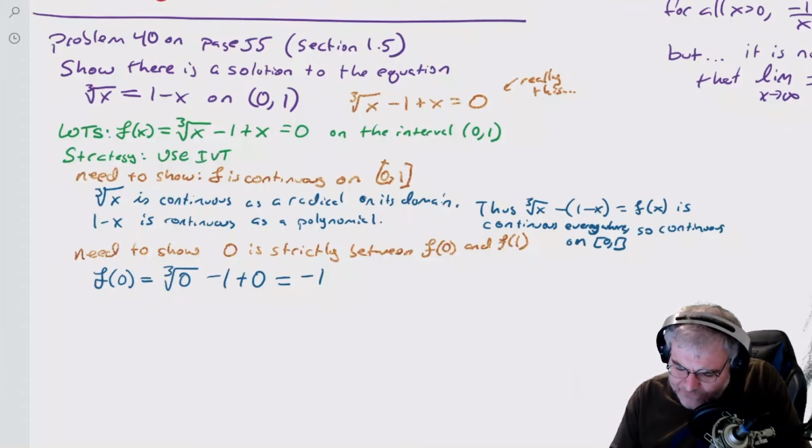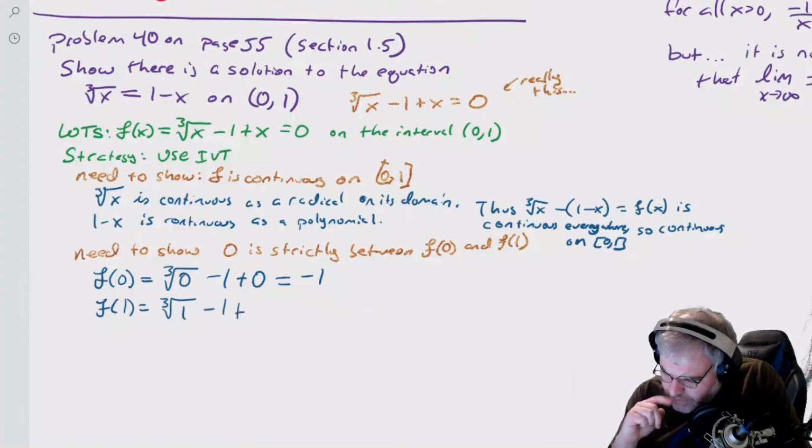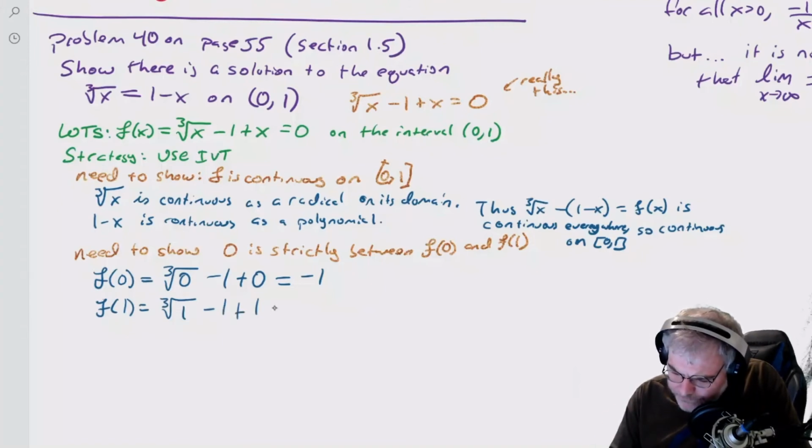And then I've got f of 1 equals the cube root of 1 minus 1 plus 1, and so this is 1 minus 1, that's 0, plus 1. So that's positive 1. So v equals 0.